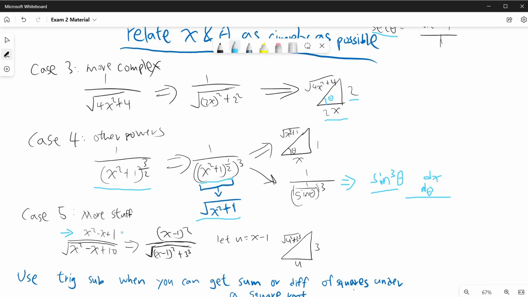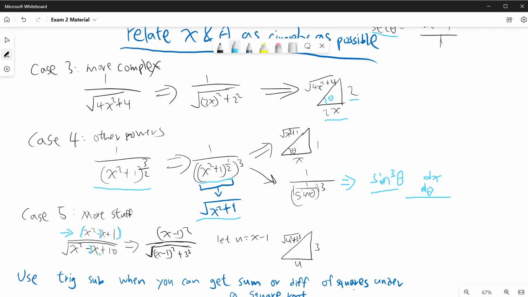The best tip I can give is that if you can simplify it, do so. If you have sharp eyes, this is a perfect square. It's x minus 1 squared. That's my bad, it should be minus 2x plus 10.